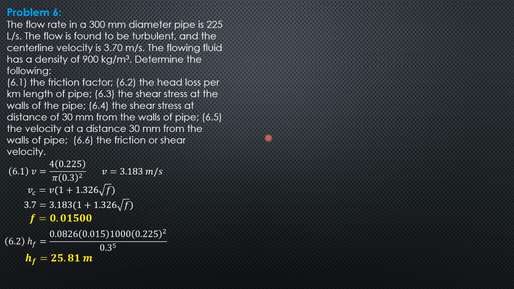The shear stress at the walls of the pipe, that's tau max, is given by gamma head loss diameter over 4L, or friction factor density velocity squared over 8.